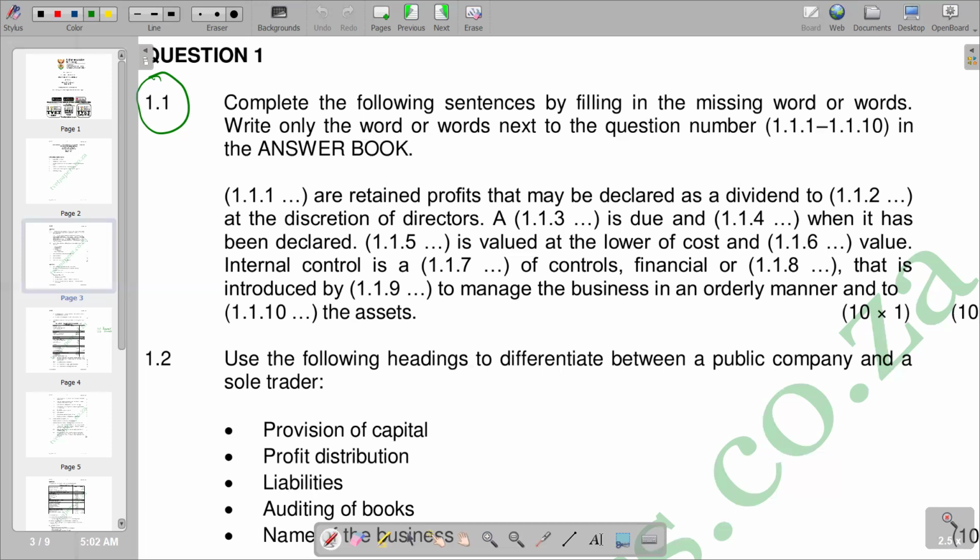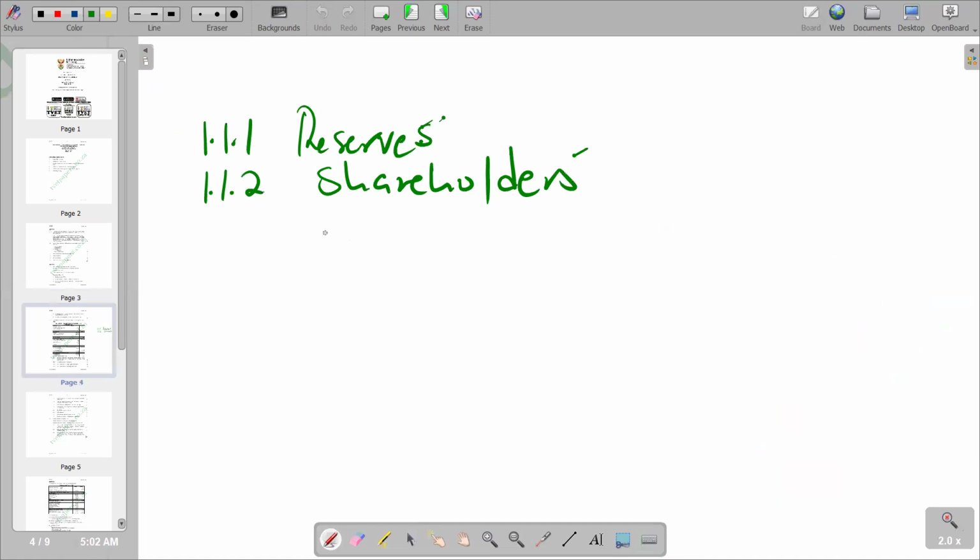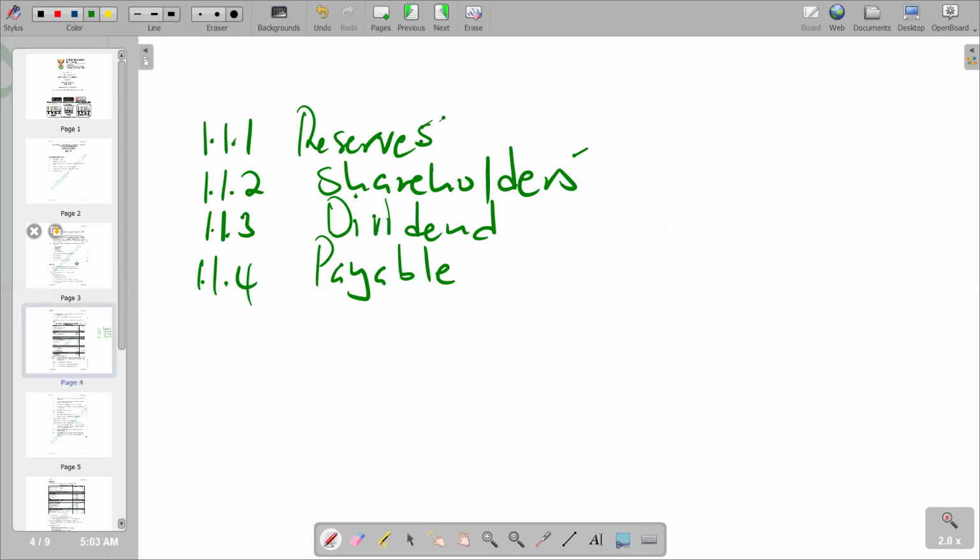For example, final dividends are declared at the end of the financial year and carried on to the next financial year as payables. So we are saying a dividend is due and payable when it has been declared. So 1.1.3 is dividend, then 1.1.4 is payable.